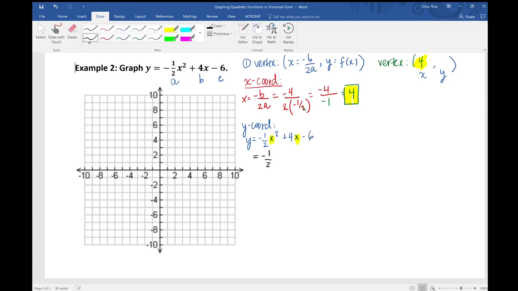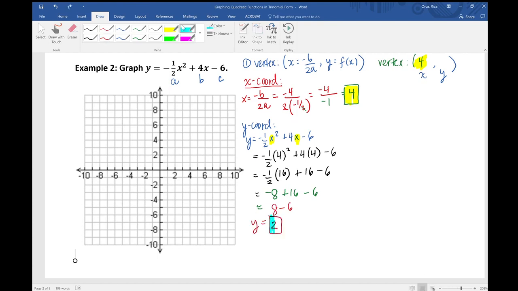That's negative 1/2 times 4 squared plus 4 times 4 minus 6, which is negative 1/2 times 16 plus 16 minus 6. Negative 1/2 times 16 is negative 8 plus 16 minus 6. Negative 8 plus 16 is 8 minus 6, which is 2.